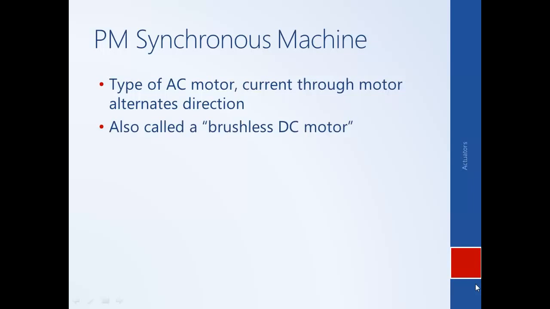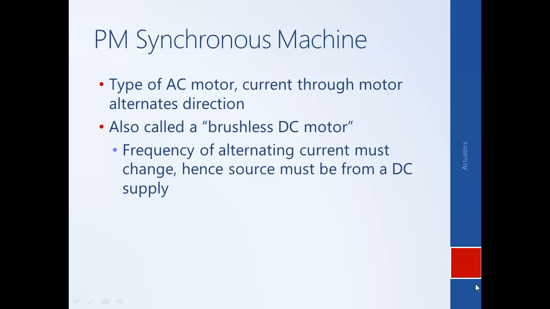A PM machine is also sometimes called a brushless DC motor. The fact that the frequency of the alternating current must change means that the source must be from a DC supply. So it's sometimes called a brushless DC motor because the supply is DC, even though the current itself is changing direction.